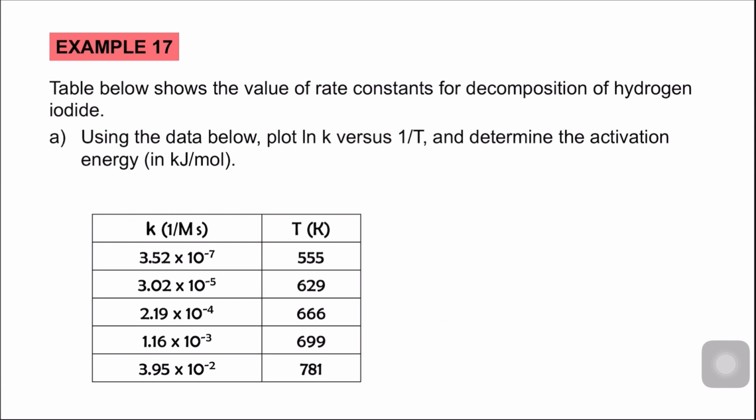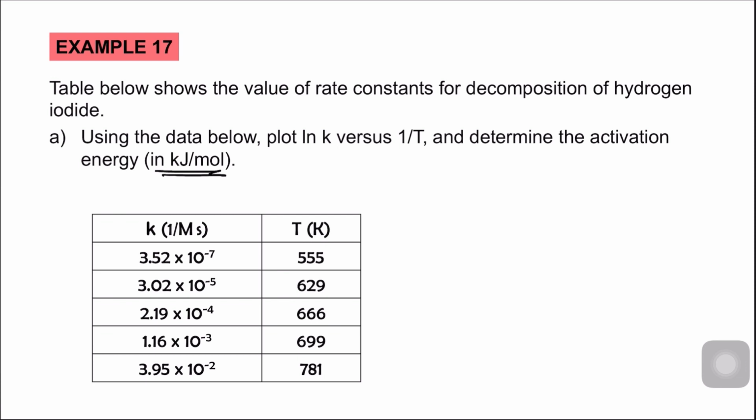In this case, example 17, what you can see is that it gives data in a table for rate constant and also temperature in Kelvin. And it asks you from question A, plot ln K versus 1/T and determine activation energy in kilojoule per mole. It specifically asks for kilojoule per mole, so you have to give your answer in the correct unit given.